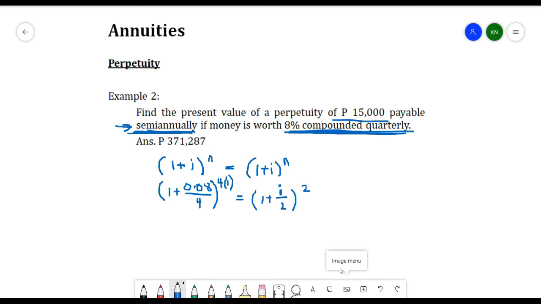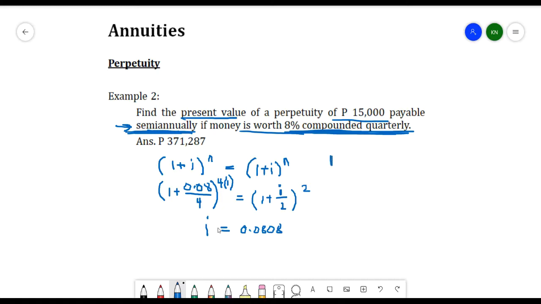So calculating this one, you can get the interest as equivalent to 0.0808. So meaning to say this is now the interest that we will be getting. We already found the common denominator between the compounded quarterly and the semi-annually.